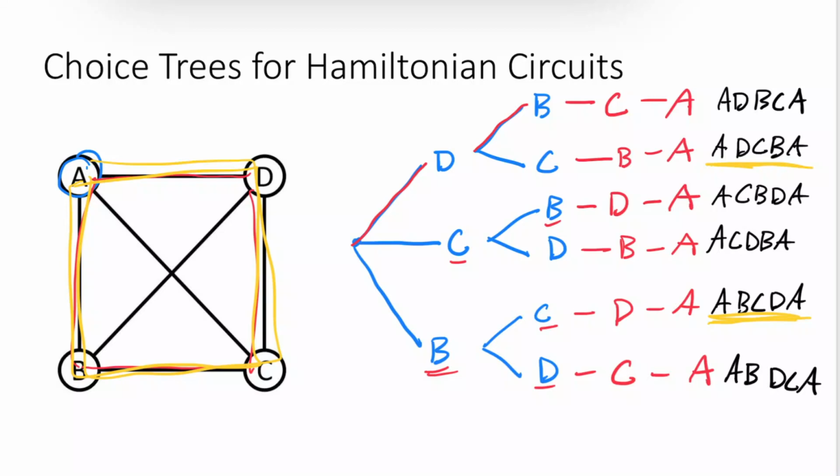And similarly, this circuit here is the same as this one, and this circuit is the same as this one. They're just going in different directions. So the number of unique Hamiltonian circuits is 3, because the choice tree basically double counts those circuits because it counts it going one direction and then going the other direction, but it's still the same circuit.